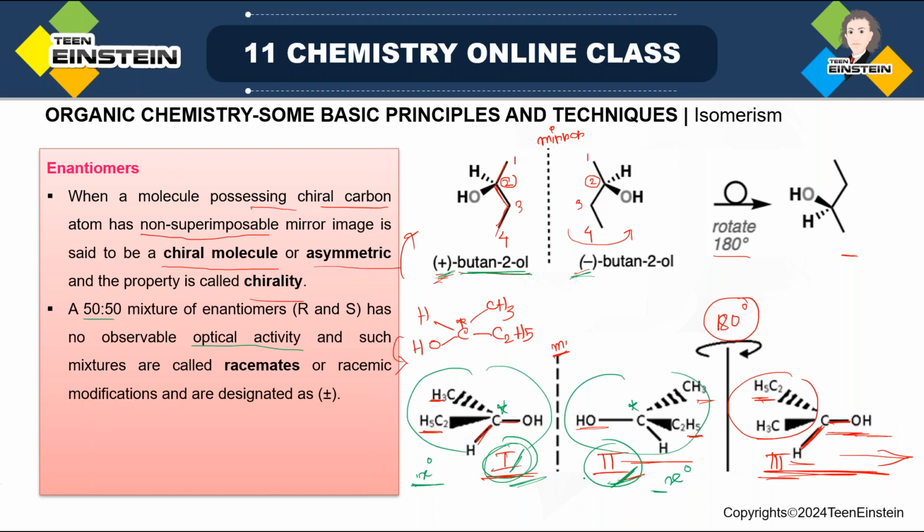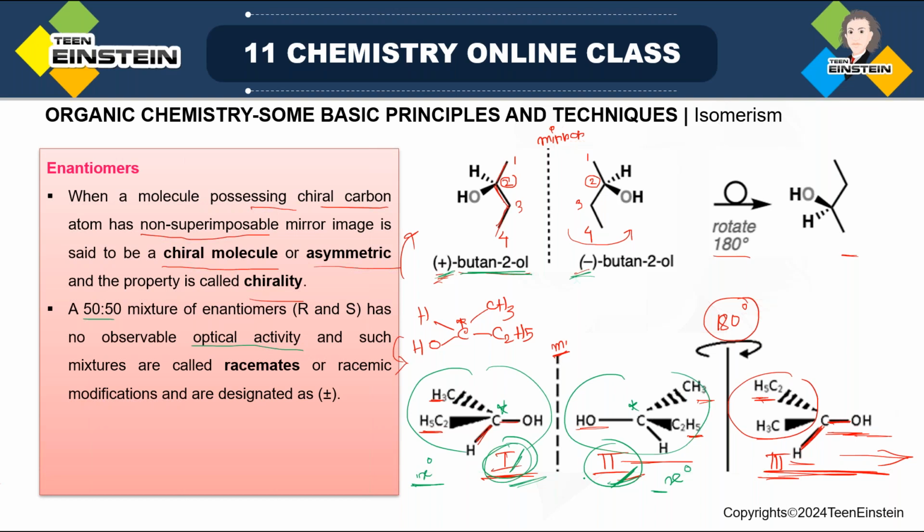If one is rotating clockwise, the other will rotate anti-clockwise. Or one direction we can call plus, another direction we can call minus. So the numerical value of the rotation will be the same. Suppose 15 degrees is the rotation, but the sign will not be the same.